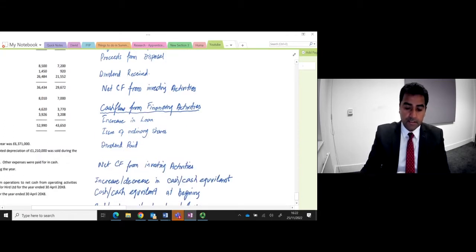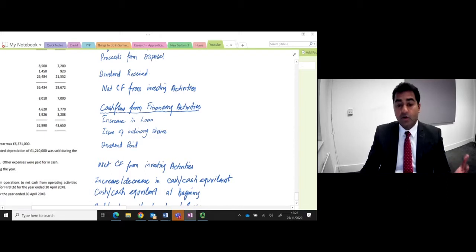The next is cash flow from financing activities, and we normally have cash received from taking a loan. So when we take a loan, there is cash coming into the business. But when we are paying the loan, then there is cash going out of the business, which needs to be recorded under financing activities, because when we take a loan, we are actually financing our business through the loan amount.